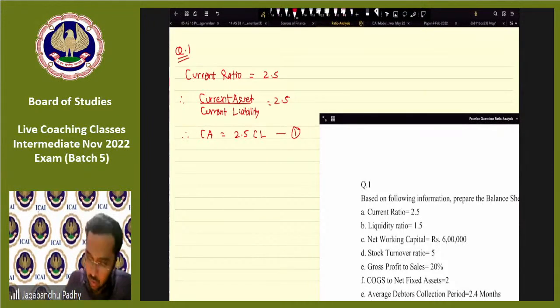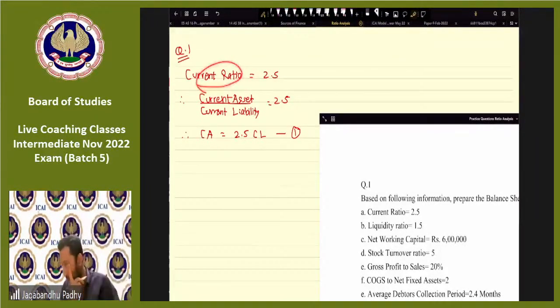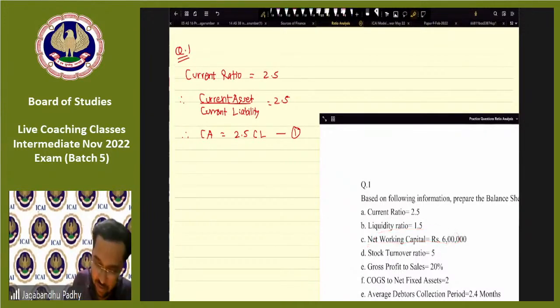Now, connected with this current ratio, do we have any other information on which I can apply these numbers? Exactly, we have the net working capital information.